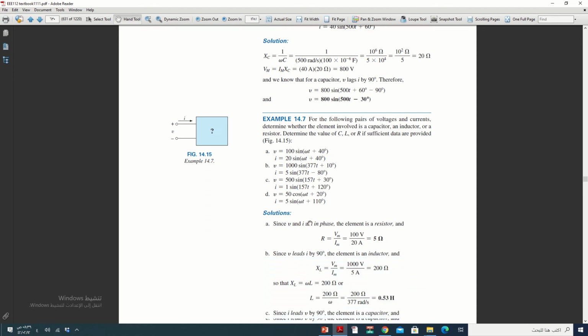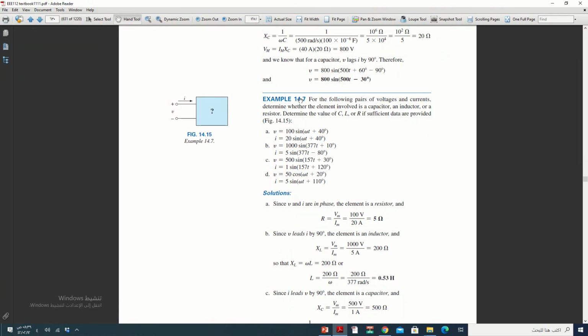Let us take some parts from 14.7. For the following pairs of voltage and current, determine whether the element involved is a capacitor, an inductor, or a resistor. Determine the value of C, L, or R if sufficient data are provided.